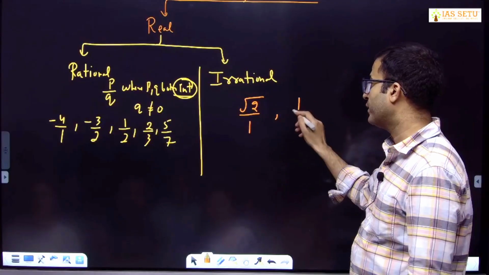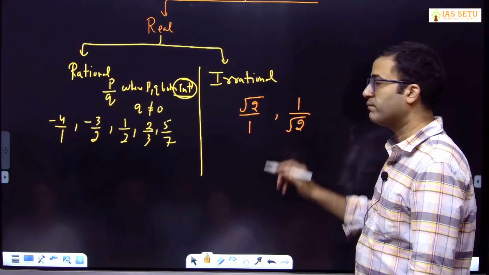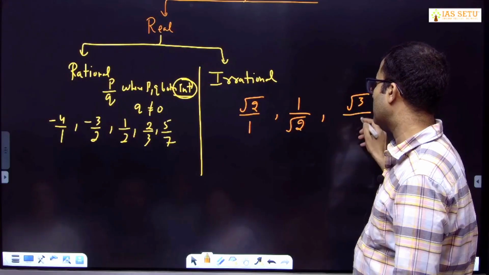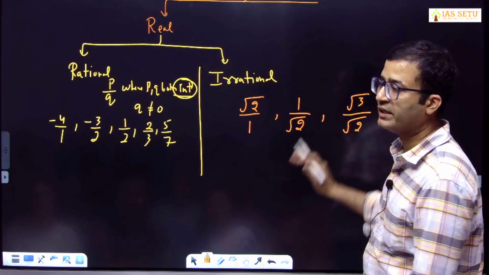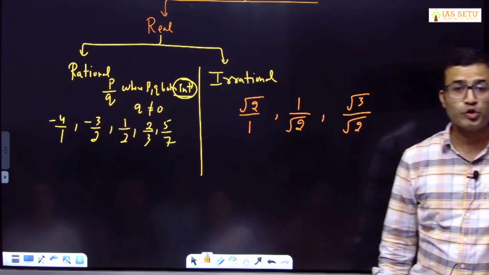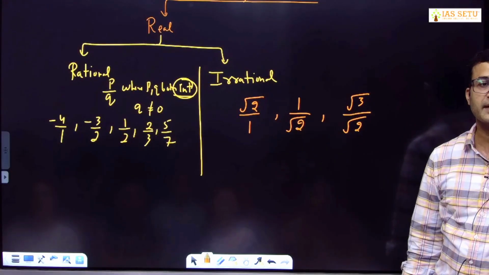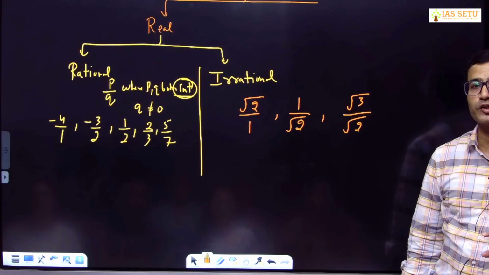Maybe your denominator is non-integer, 1 by under root 2. Or maybe both are non-integer, under root 2 by under root 3, or any other example. You cannot express it as integer upon integer. This means it will not be integer upon integer.